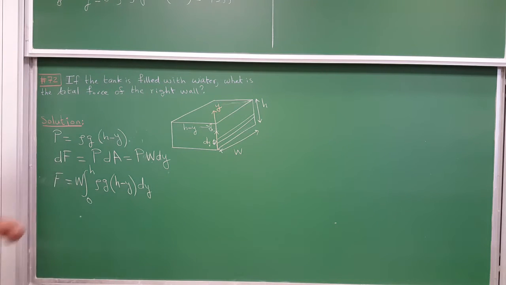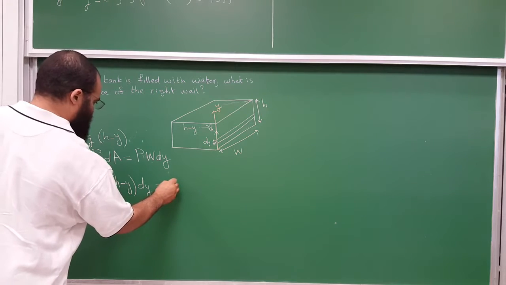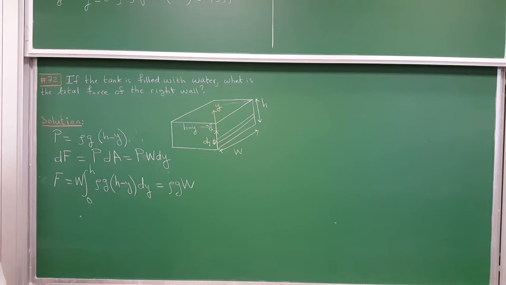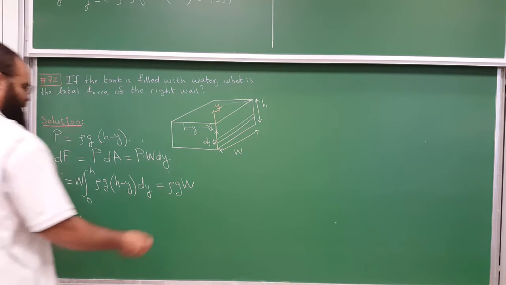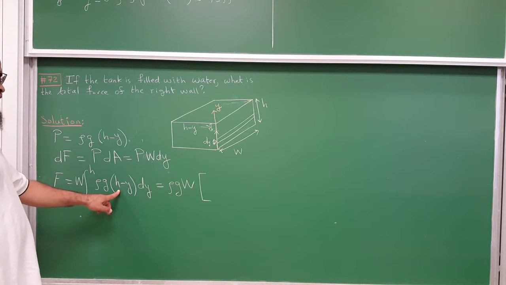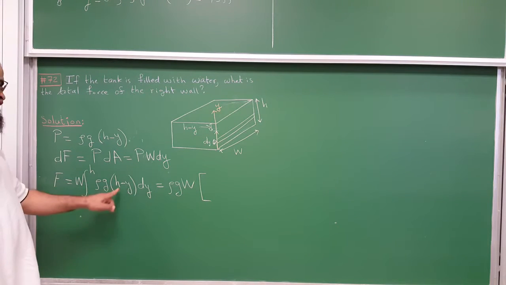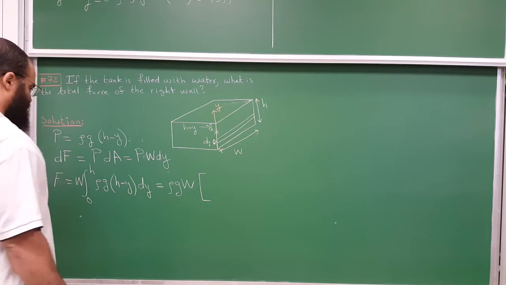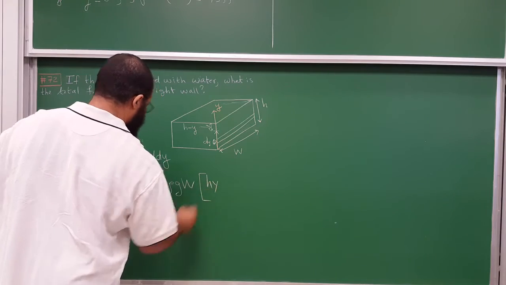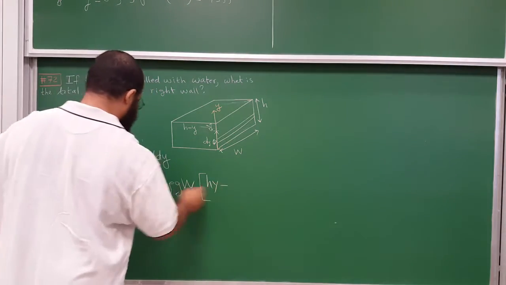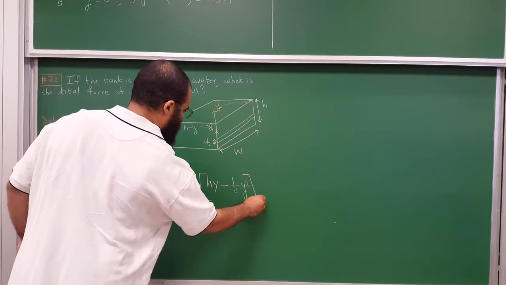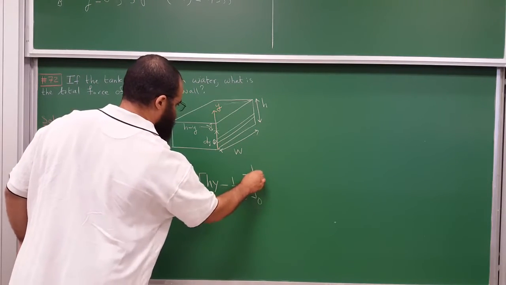All right? And so we get rho g W times what? The integral of h dy will be hy, and then minus the integral of y, which will be 1/2 of y squared, evaluated between 0 and h.